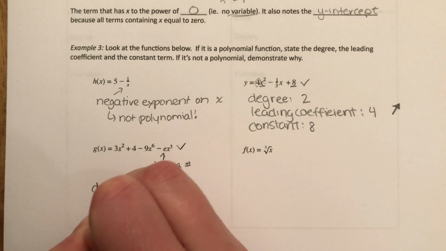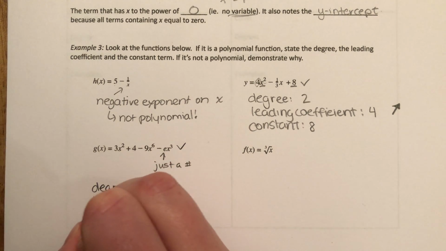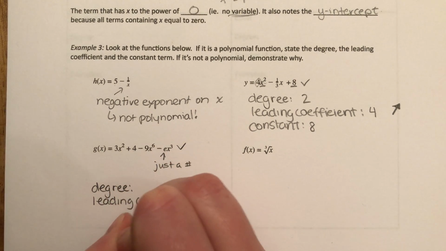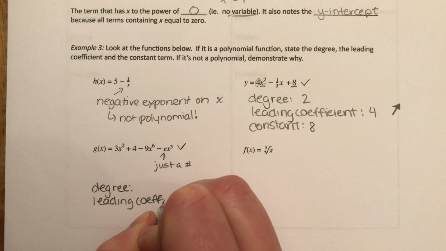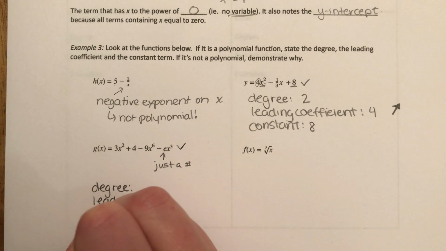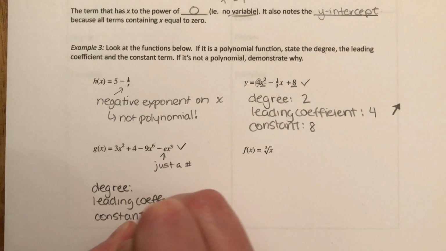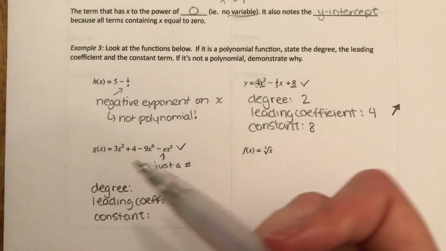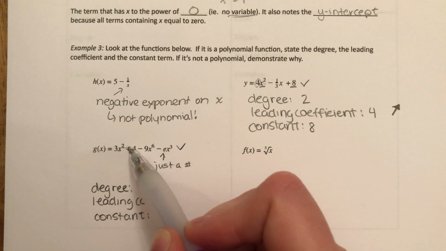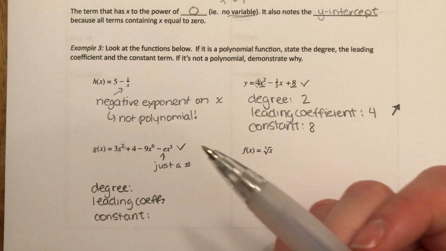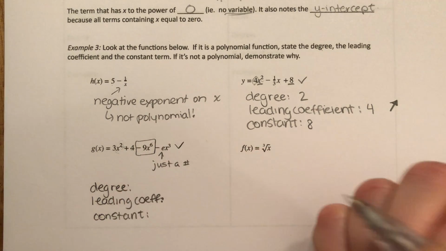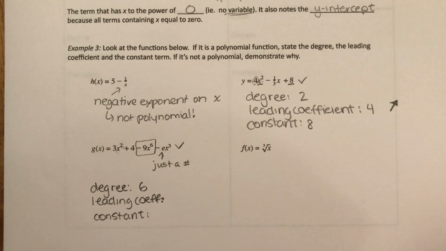Again, we're going to talk about the degree, the leading coefficient, and the constant. So the degree, even though this one starts with a degree 2, we need to pay attention because the negative 9x to the 6 is actually our highest exponent. It just didn't come first. It should come first, but this one was not, just to show you that sometimes we have to look at the whole thing.